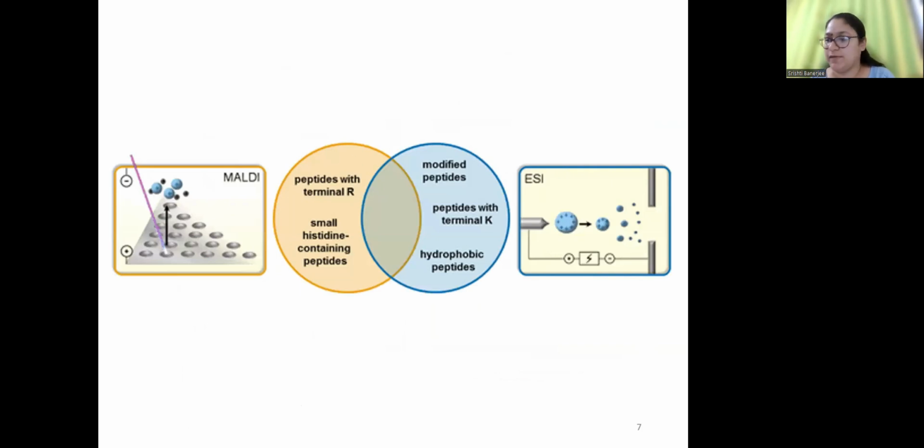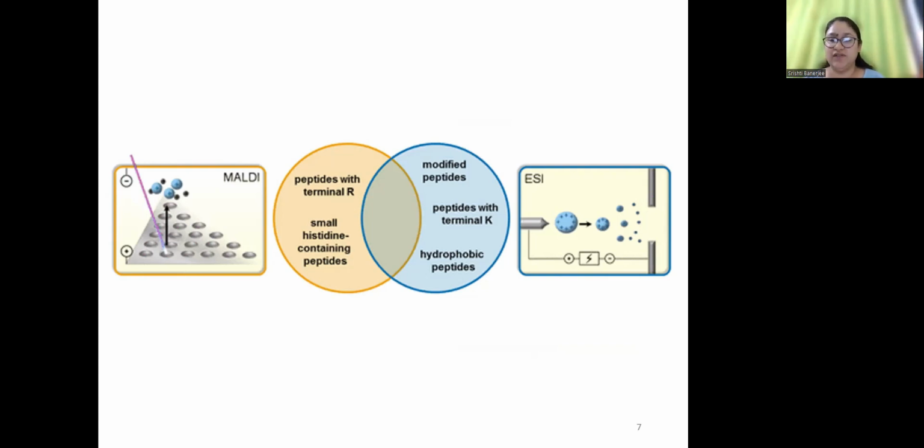Is this picture visible now, the MALDI and ESI? Okay, very good. So in case of MALDI, the wells you see right here are small wells, and you have samples here, like protein mixtures, a complex mixture of proteins. You have to mix those with some matrix, which is again a small organic molecule.